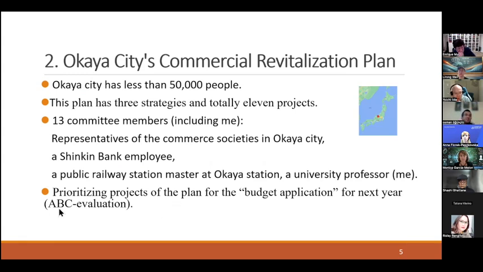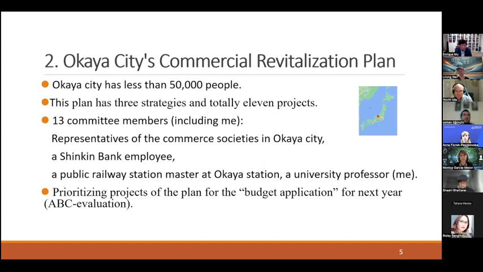For example, policy 1 is selected as an A rating in the next year. Policy 1 will get a high budget, and so we construct big events to revitalize commerce in Okaya City.